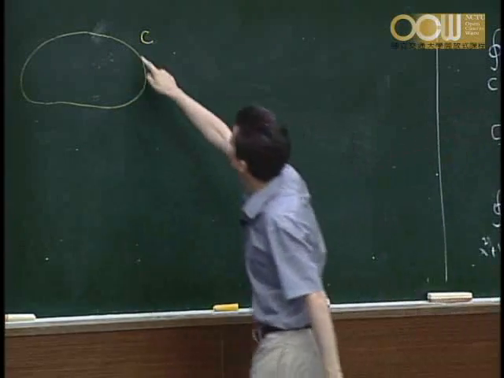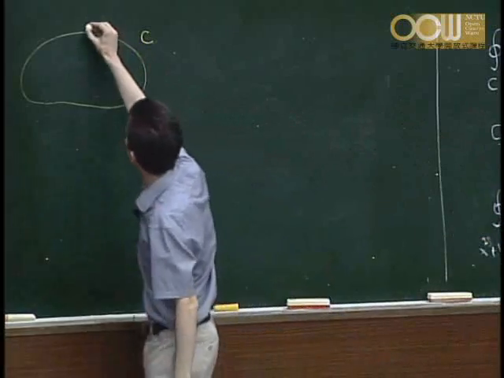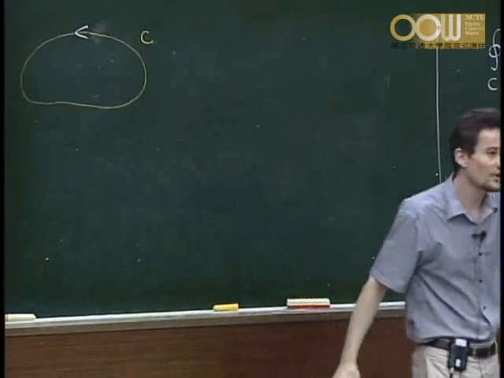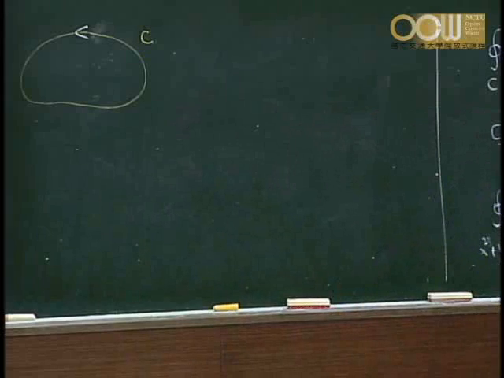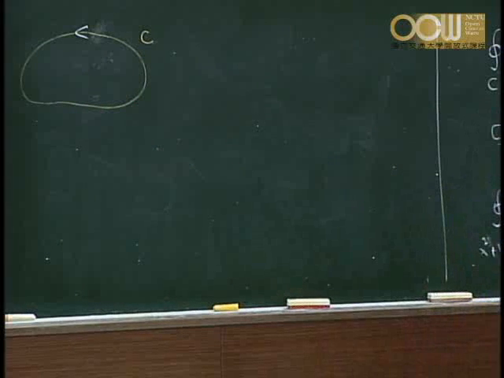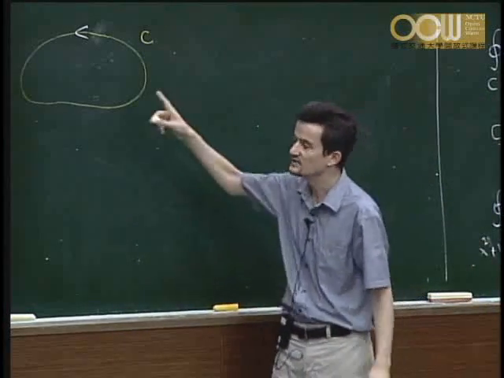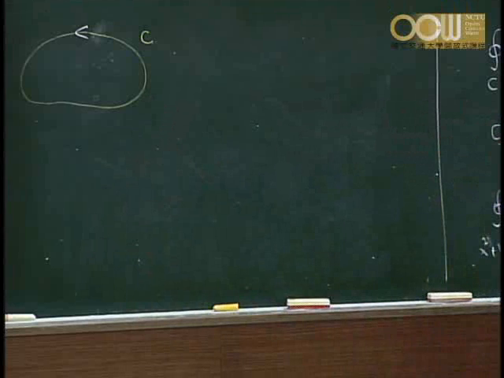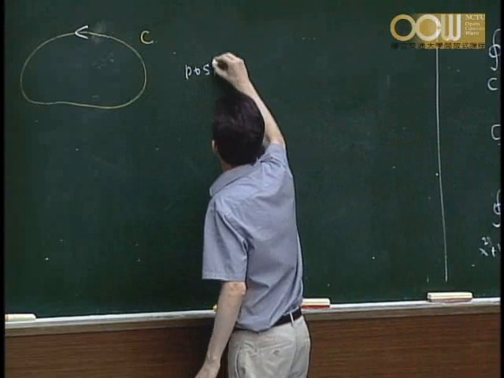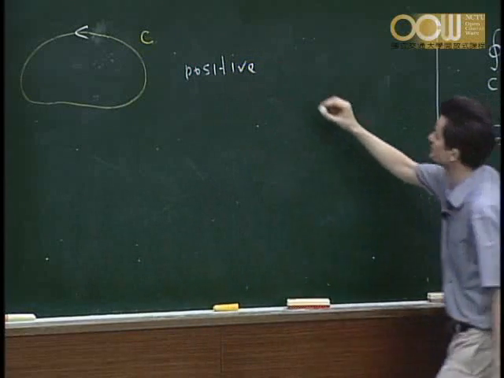So if you walk around and stretch out your left hand, you have to walk in this direction such that your left hand is always directed to the region which is enclosed by the plane curve. This will be called positive, and the other direction will be called negative. So this is positive oriented.